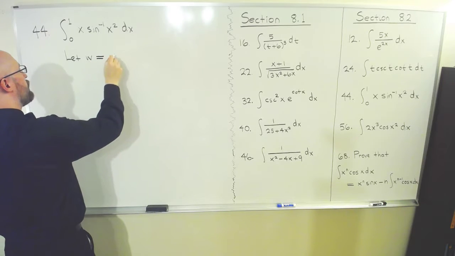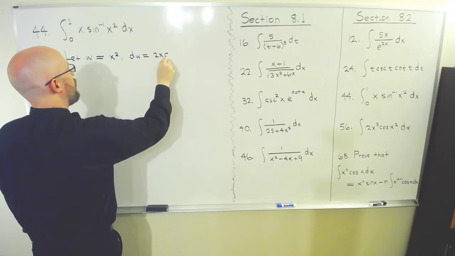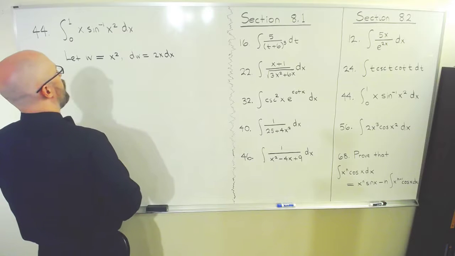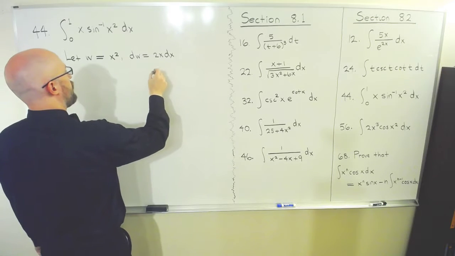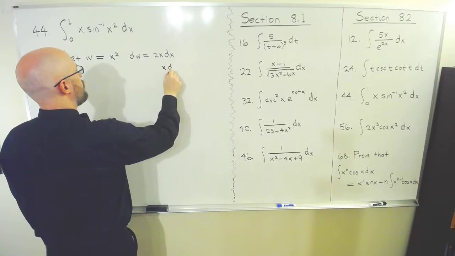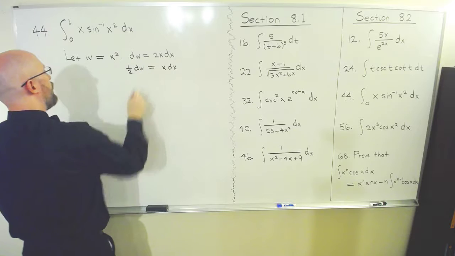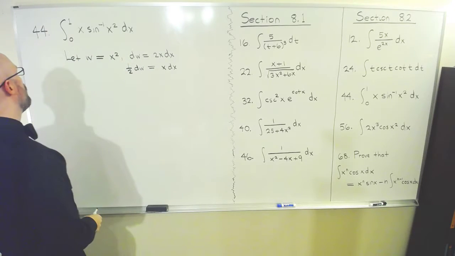So w equals x squared, dw equals 2x dx. And I could write this as x dx equals 1/2 dw, because x dx is what actually appears inside the formula.